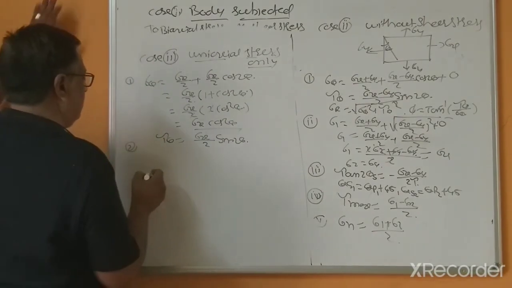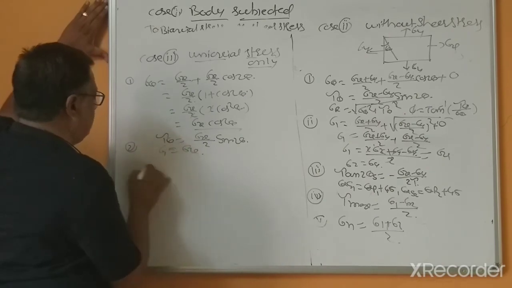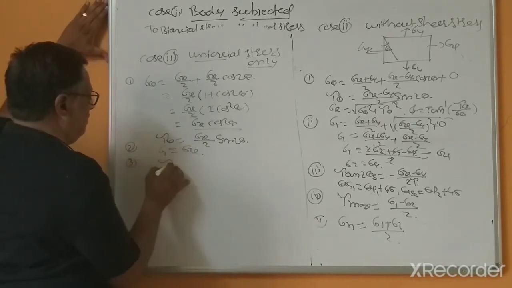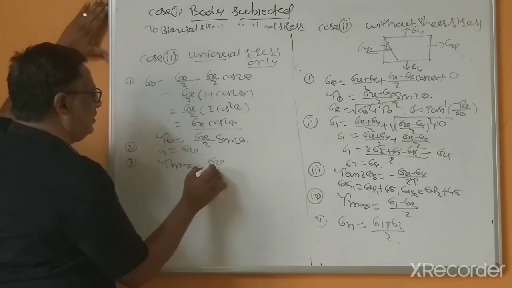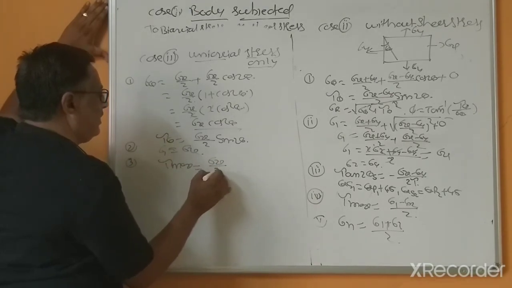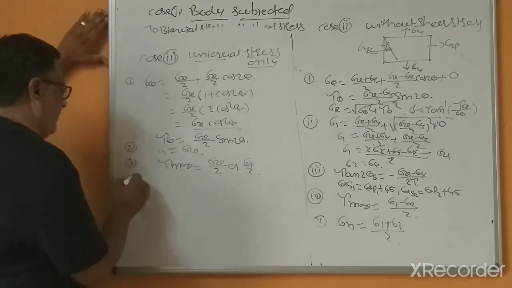Second bit, maximum stress equals only sigma x. Maximum shear stress equals sigma x divided by 2, or sigma 1 divided by 2.